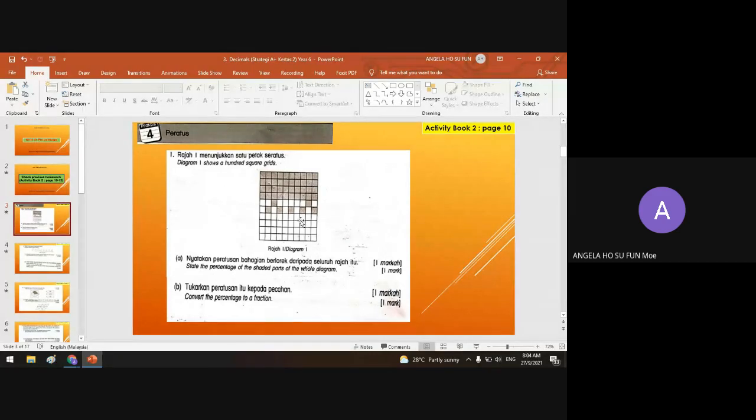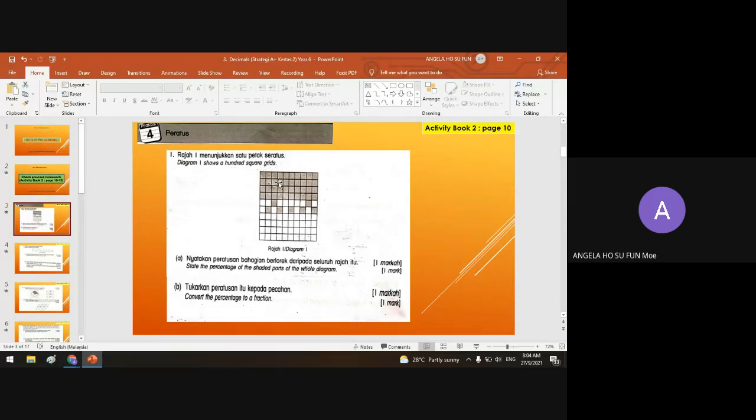When you count, there is a technique. One row includes 10 squares, and one column also includes 10 squares. That's why 10 by 10 is 100, and that's why they call it 100 square grids.